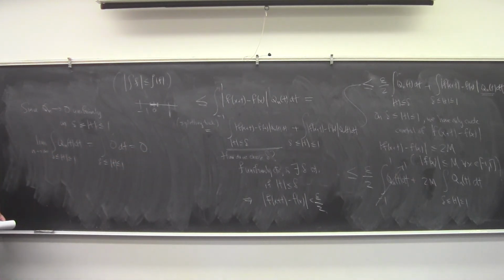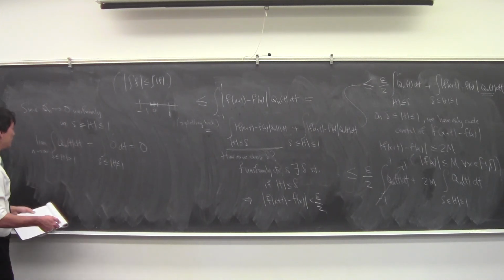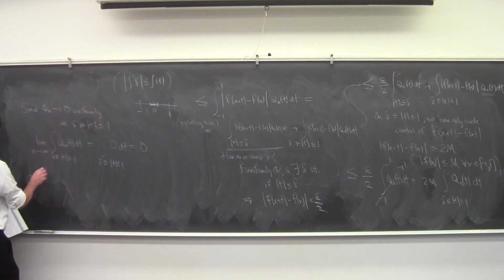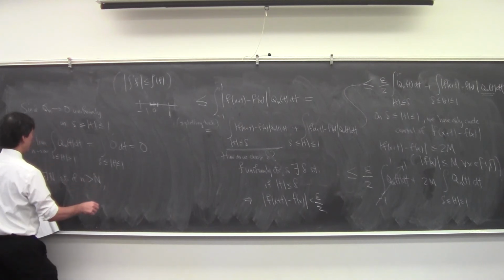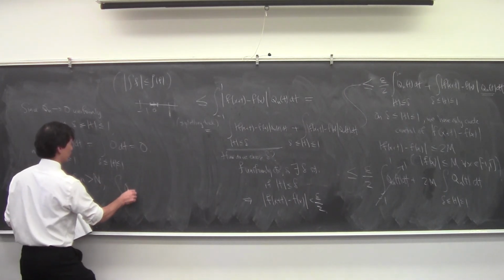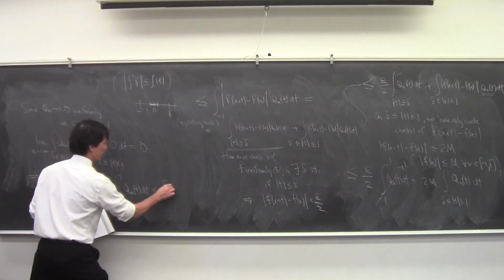We can interchange by uniform convergence. This is one of the great things about uniform convergence: we can interchange integration and limit. So what does that tell us? There exists an n such that if n is past it, then this integral is smaller than epsilon over 4m.